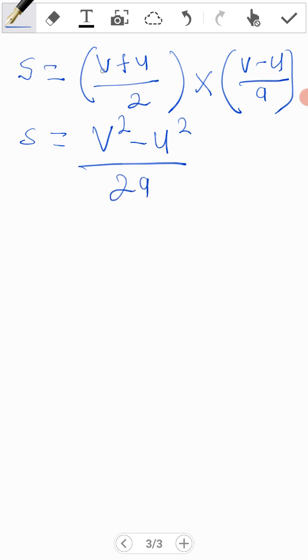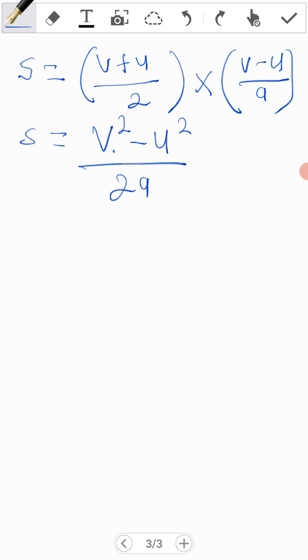We just multiply V plus U and V minus U to get V squared minus U squared, and 2 times A to get 2A. I hope it is well understood.